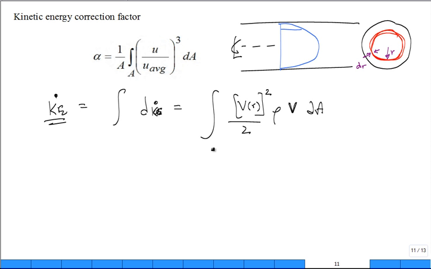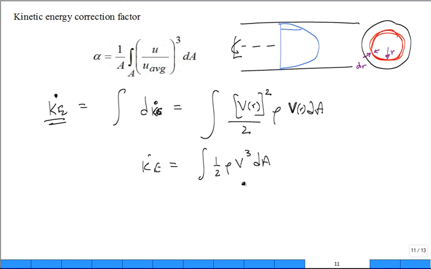What we see is that velocity is a function of r, and so the kinetic energy flow rate is equal to the integral of 1/2 rho velocity cubed dA. Wow, that looks pretty complicated.